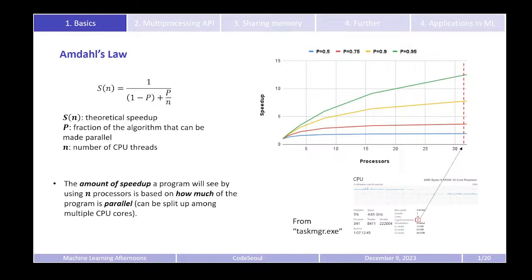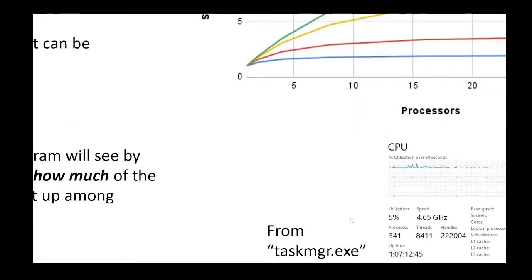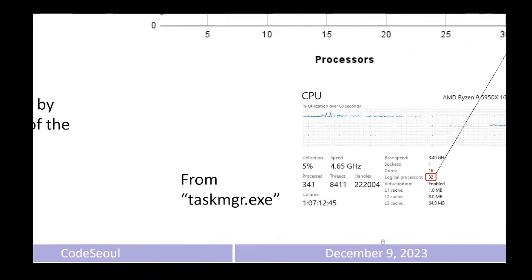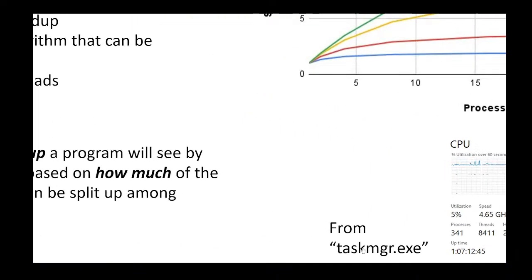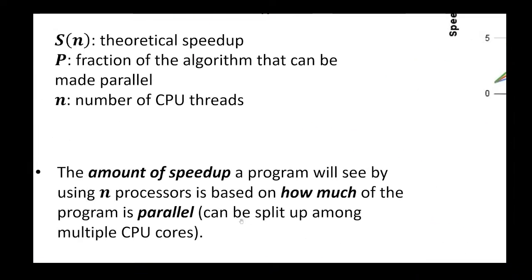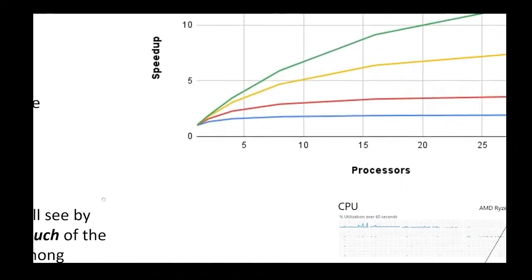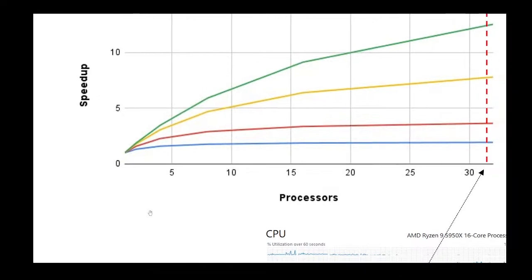He has 16 physical cores in his computer, but he can run 32 threads. Okay, so a thread is the same as a processor? I'm mixing them up: threads, processors, and CPU cores.